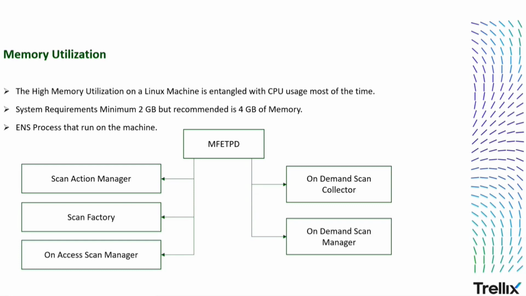For example, if MFE-TPD is consuming 400 MB of RAM, the memory consumption of all the child processes will not exceed 400 MB. It will be within the 400 MB range. To check if ENS is involved in memory consumption, look for MFE-TPD in the list of running processes.